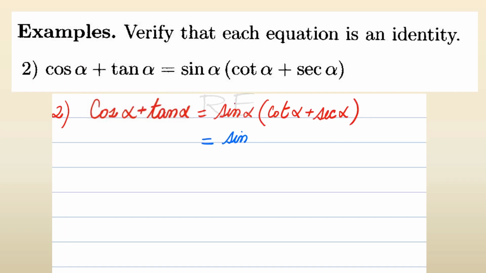For number 2, we will manipulate the right side to make it equal the left side. Sine alpha over 1 is multiplied by cotangent alpha, which is cosine alpha over sine alpha, plus secant alpha, which is 1 over cosine alpha.